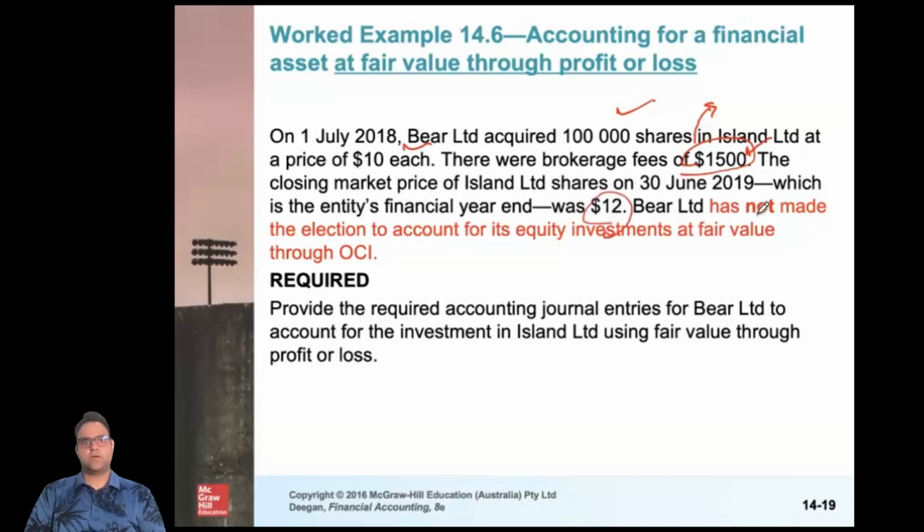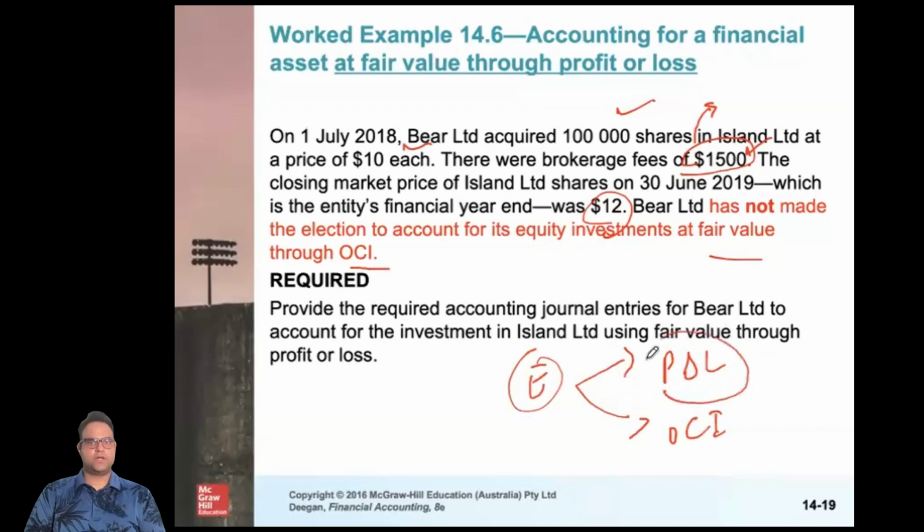The company has not made an election to account for its equity investment at fair value through OCI, that is other comprehensive income. Since this is an equity investment, it has two options only: one option is profit or loss, and the other is OCI. When we are charging the expenses, we have to use one model or the other.